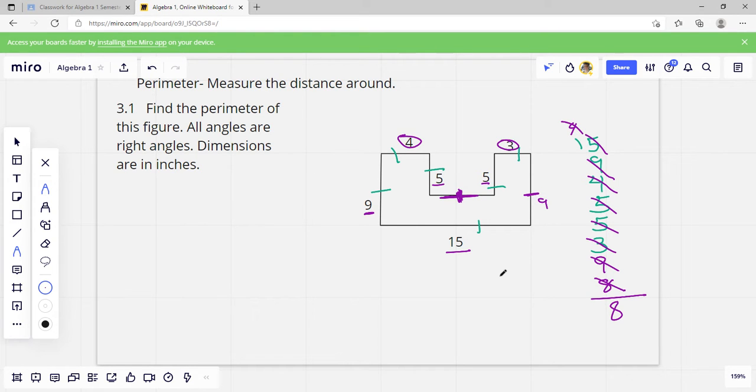Carry my 4 plus 1 is 5, 58. And it says my dimensions are in inches, so the answer is 58 inches.